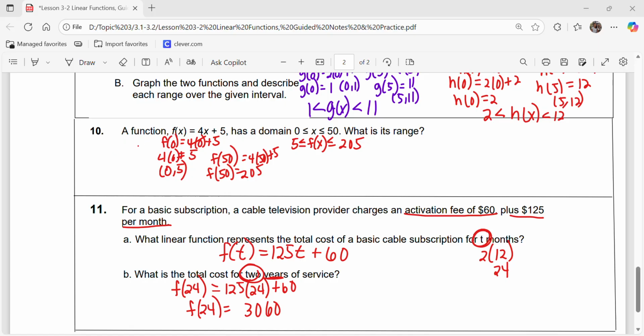A of t represents the total amount. P is the principal, how much you are investing. R represents your interest rate, written as a percent, decimal, and t represents your time.